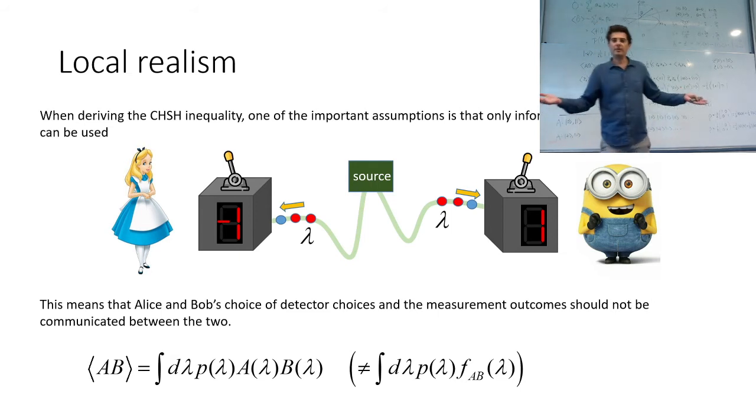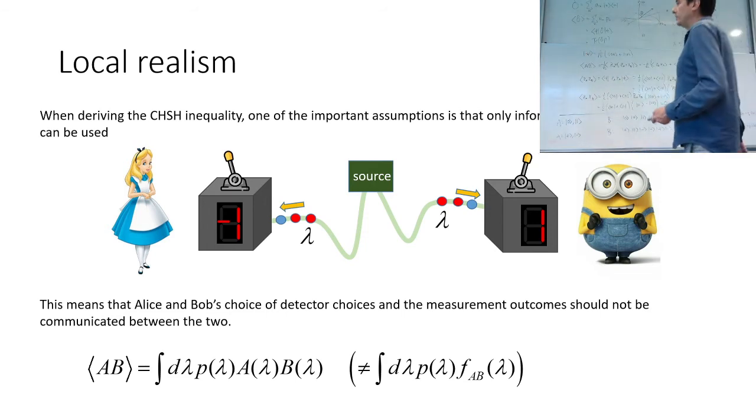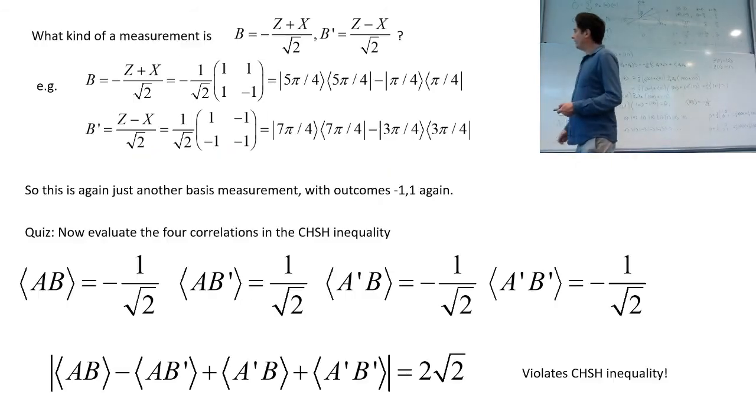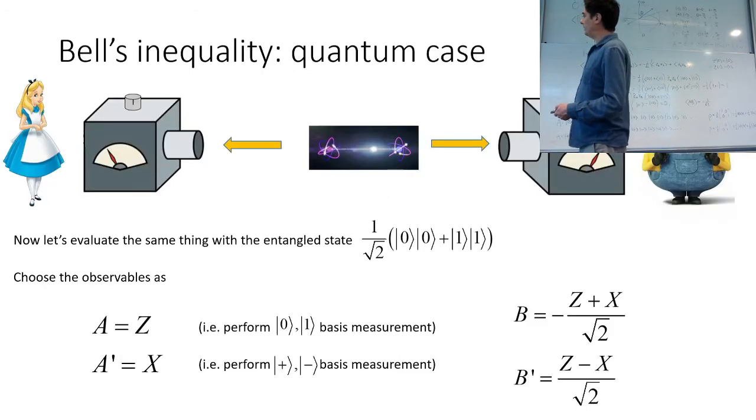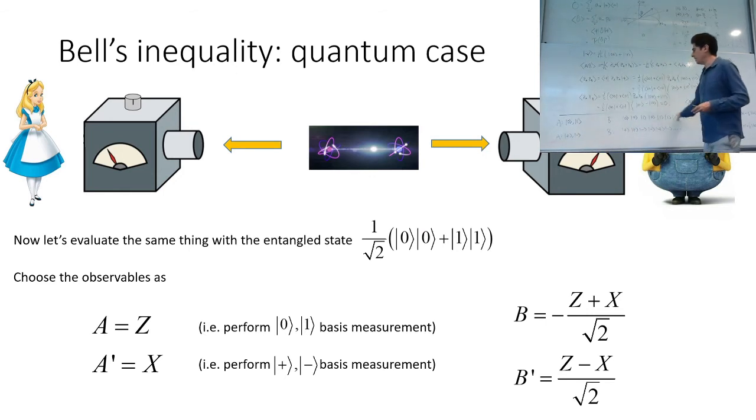So what went wrong? What people say is that local realism broke down, because this entangled state has some kind of correlations which are just impossible in classical physics.